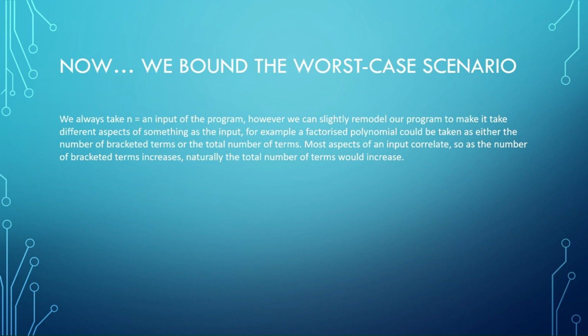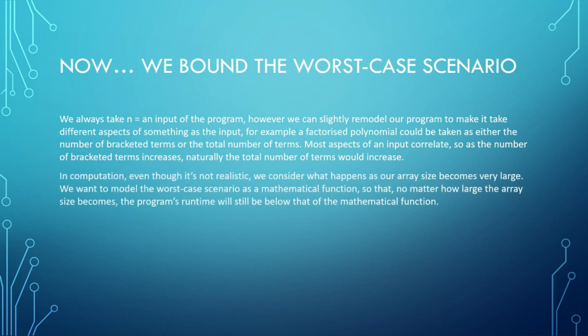That could be taken as either the number of bracketed terms, so the number of x plus 1s, or we could take it as the total number of terms, so maybe x and plus and 1, etc. So those are two different ways we might be able to remodel a program that we have to take different aspects of something as the input. Most aspects of an input correlate as well. So as the number of bracketed terms increases, naturally the total number of terms would increase in this case.